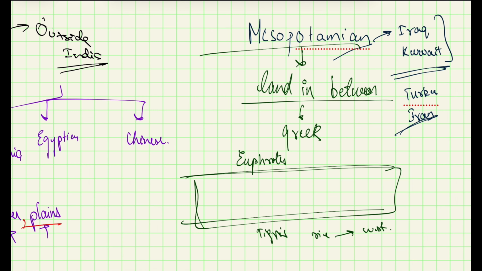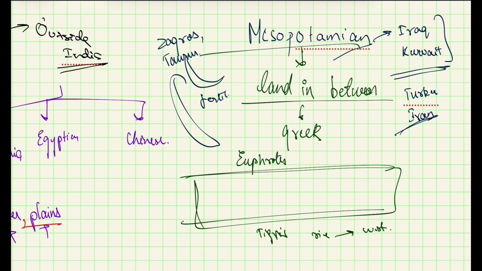It also has the crescent shaped foothills of Zagros and Taurus, stretching from the Mediterranean in the west to the Persian Gulf in the east, which is known as the Fertile Crescent. So that is why they had a higher agricultural potential.